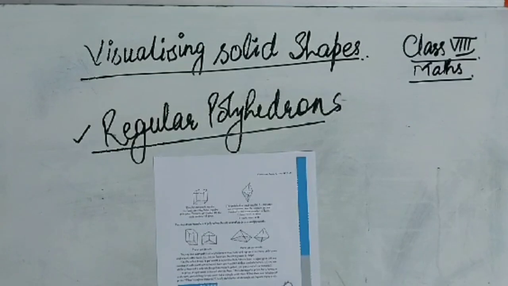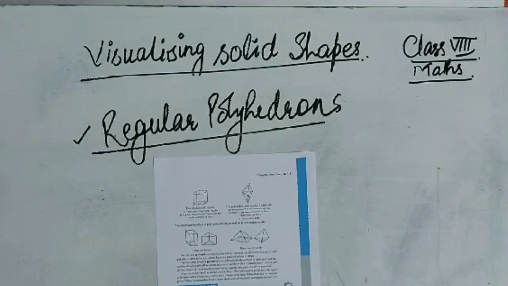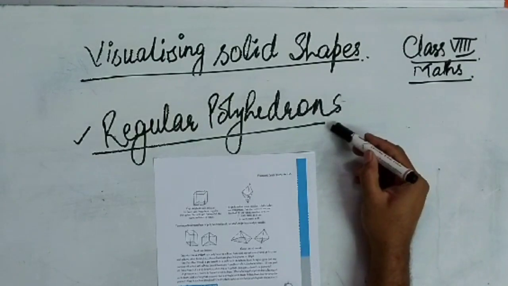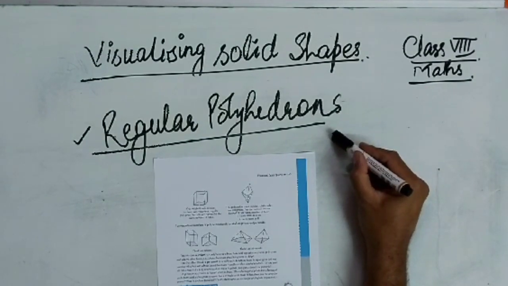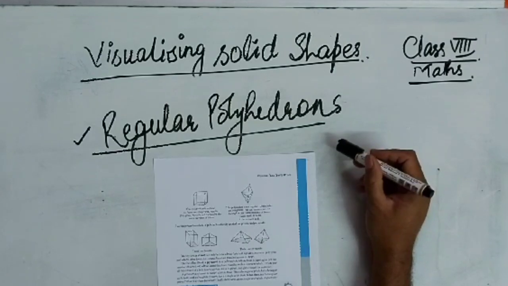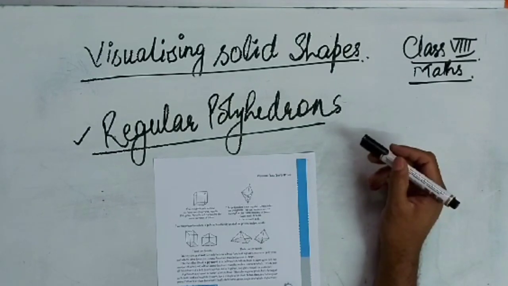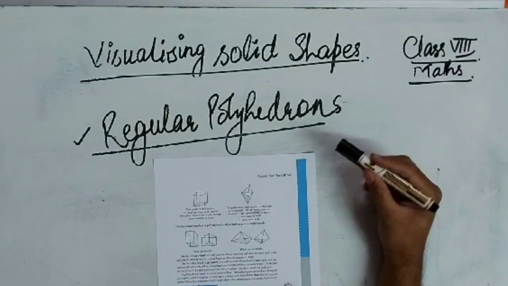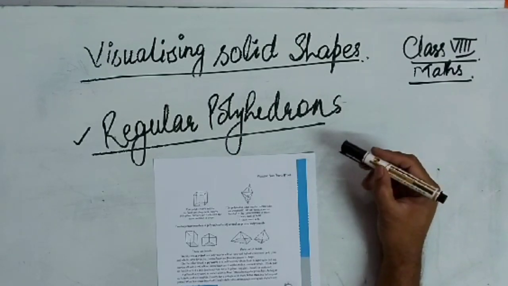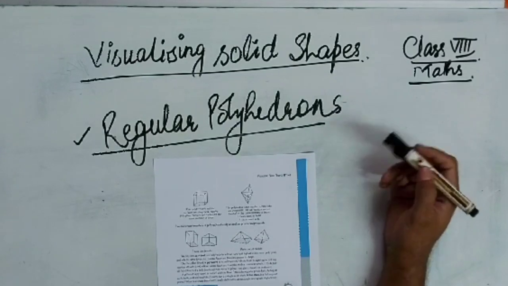Regular polyhedrons is the next topic. We have the word regular in polyhedrons. You know, polyhedrons are three-dimensional figures made up of faces involving polygons as faces. Whenever I am talking about regular polyhedrons, regular means that in a polyhedron all the faces are congruent.